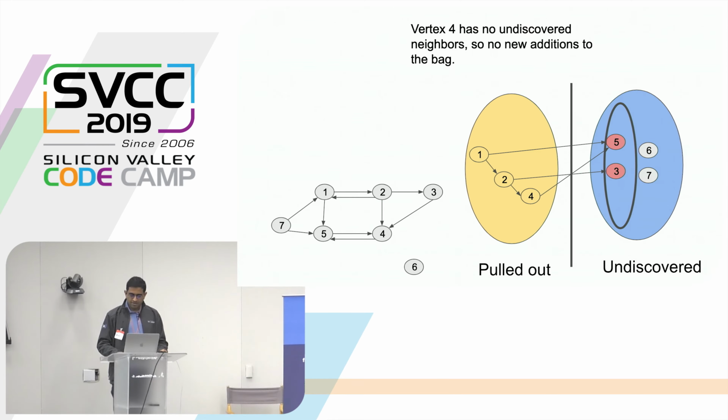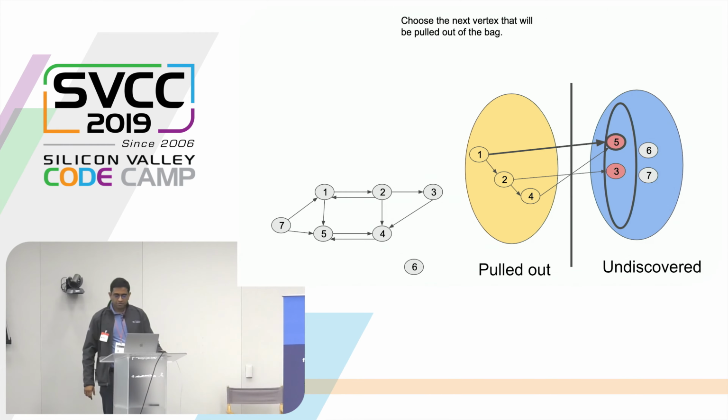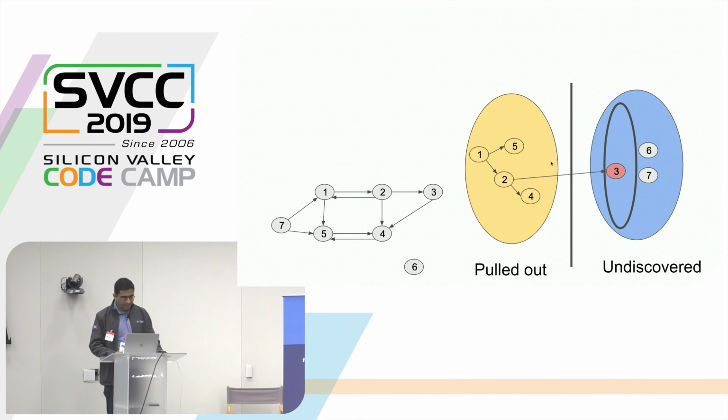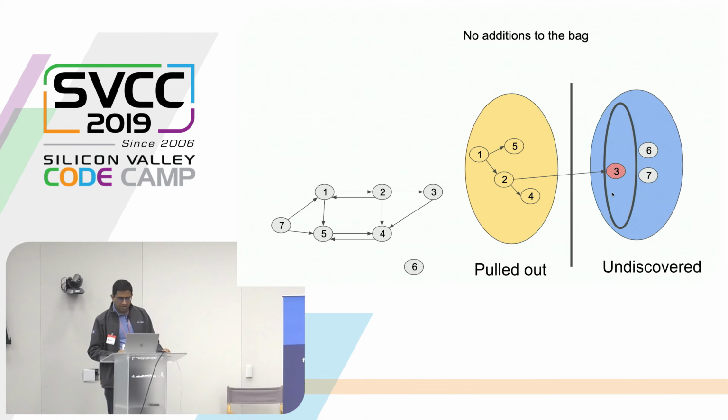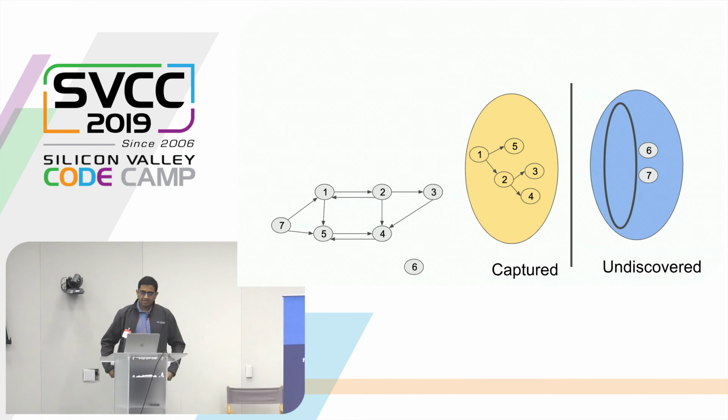We keep going. We make an arbitrary choice here. Let's say we decide to drag 5 ashore by pulling on this edge. Again, 5 has no new outgoing neighbors that we discover. And so we have only one choice left at this point, which is to drag this vertex 3 ashore. And once we do that, we see that there are no fish we can now reach out to.